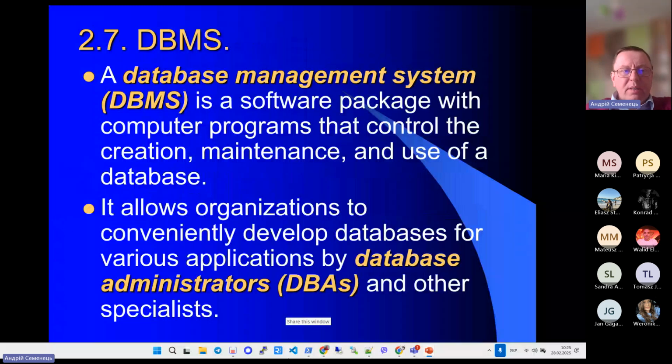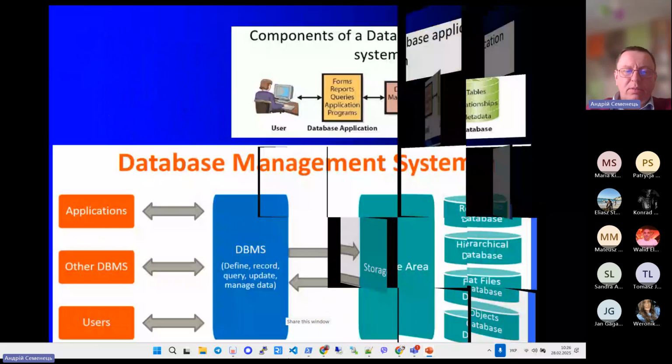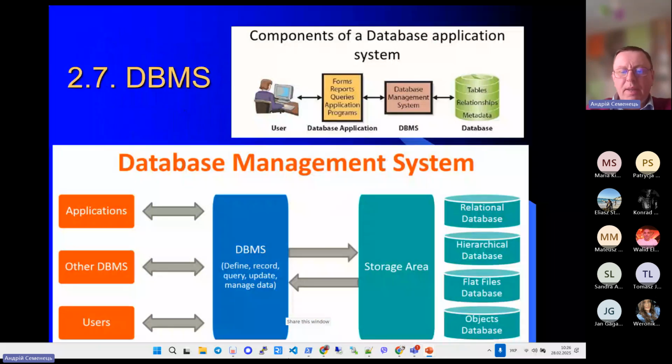And finally, a few words about database management systems, database management software. It is a software package, a computer program that controls creation, maintenance, and usage of a database. Of course, it's dedicated to being used by professional database administrators and developers, but some databases also provide support for ordinary users.